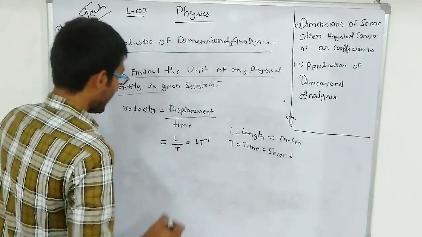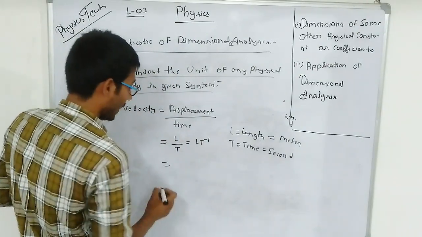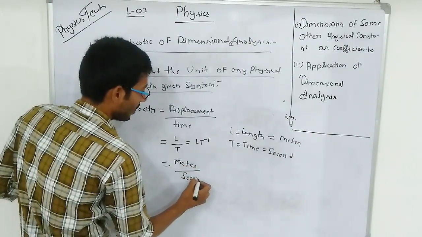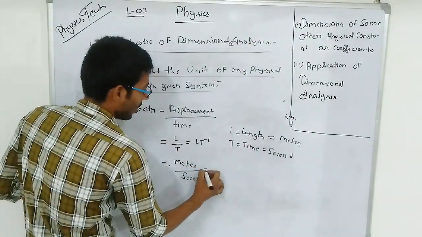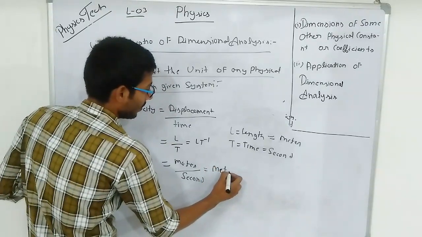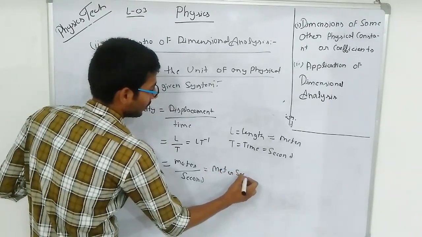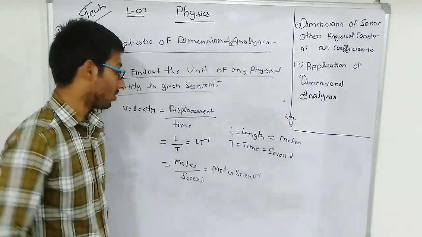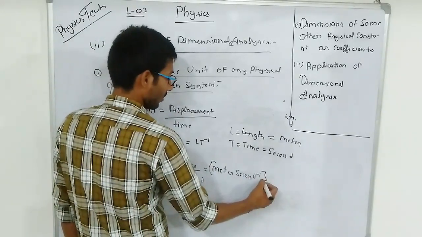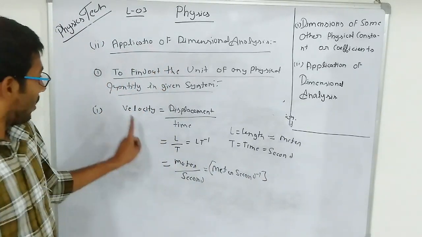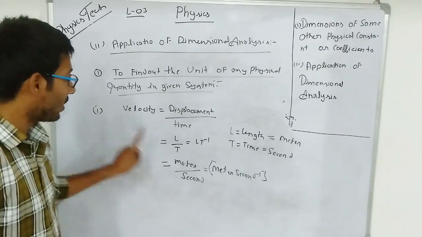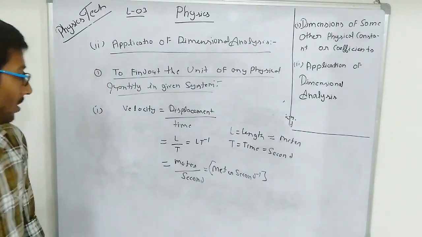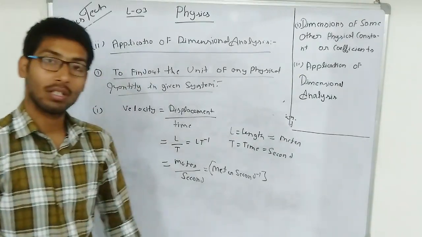So here we can write meter upon second, or meter second inverse. So the unit of velocity is meter per second or meter second inverse.